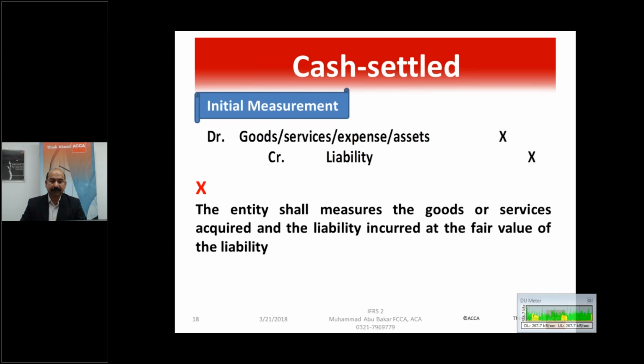So you will determine the fair value of the liability, and the same amount will be debited and the same amount will be credited. So this is the treatment, or this is the requirement for the measurement of X. Okay, let's discuss with the help of an example.